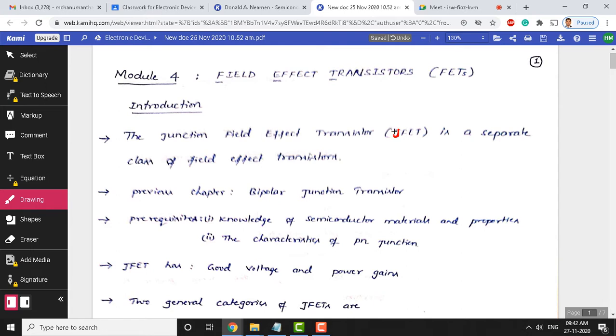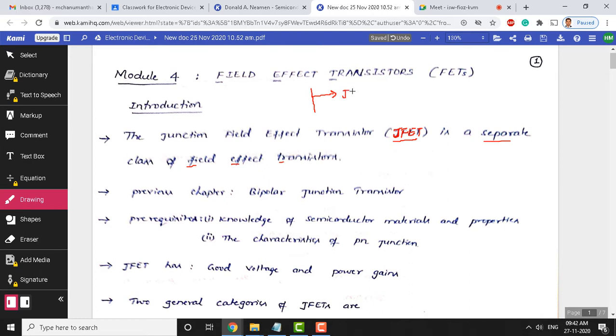J stands for junction field effect transistor. It is a separate class under the field effect transistor, FET. FET has a family of devices, and under this family, the junction field effect transistor is one device. There is a variety of devices which come under the FETs.